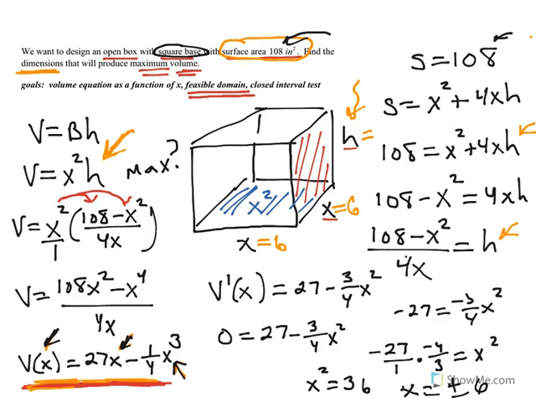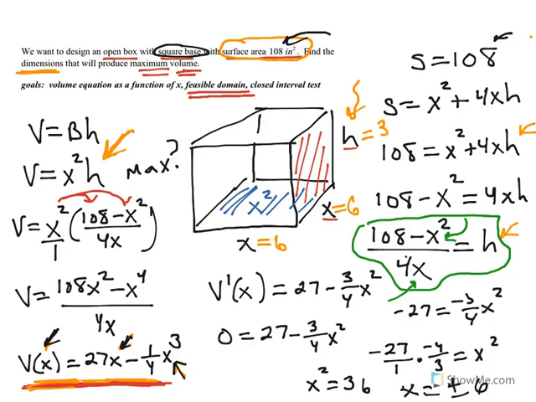To find it, you want to go back somewhere in the work where you have a definition of h, which the easiest place would probably be right here, where we have a definition of what h is in terms of x. Put a 6 into your x value, since we now know that x is going to be 6, and calculate that and find the h value. If we calculate the h value for when x is 6, it should work out to be 3.